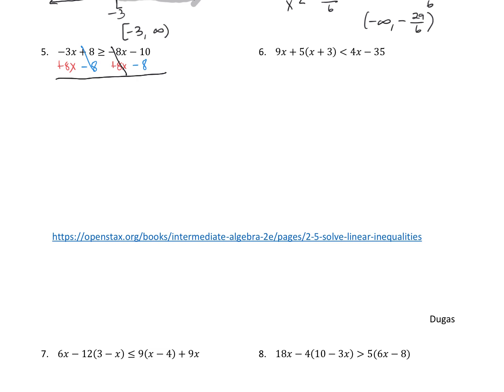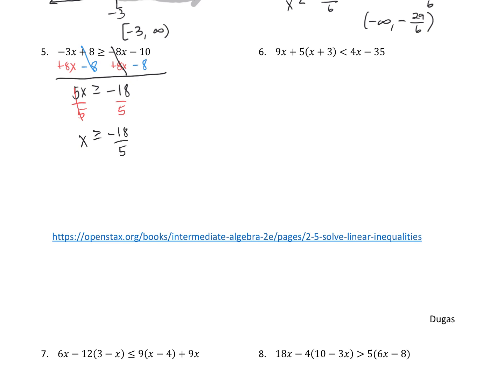So negative 3x plus 8x is 5x, is greater than or equal to negative 10 minus 8 is negative 18. Now I need to divide both sides by 5. So I get x is greater than or equal to negative 18/5.